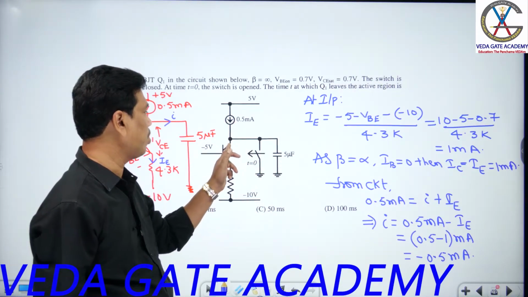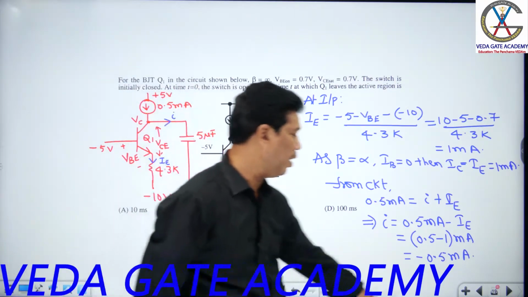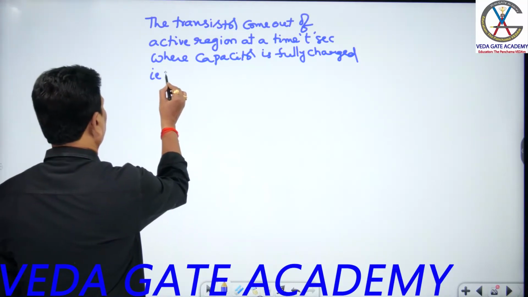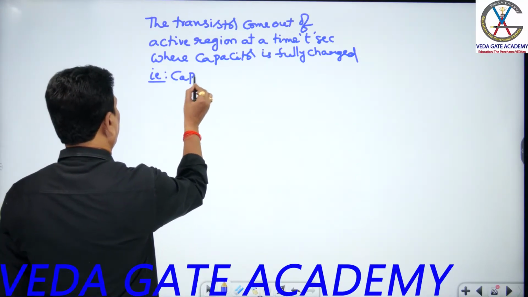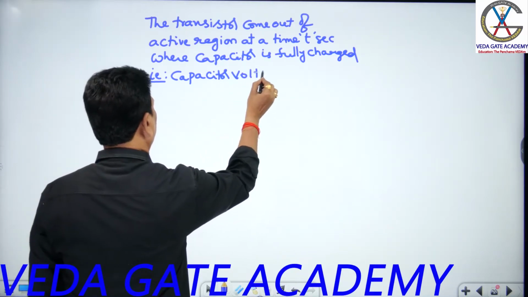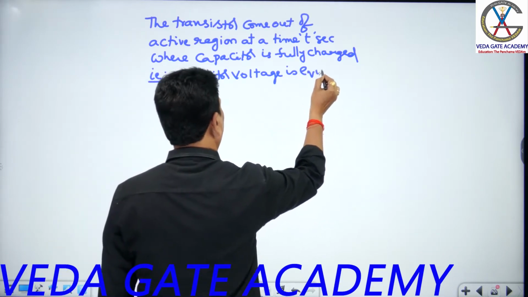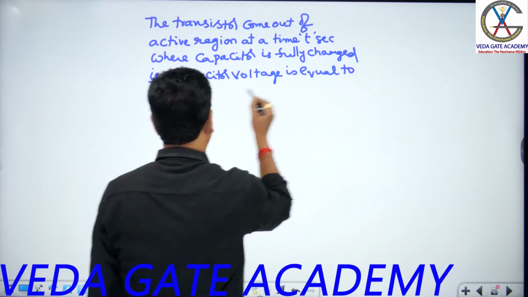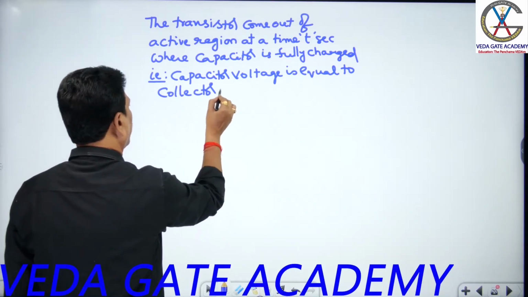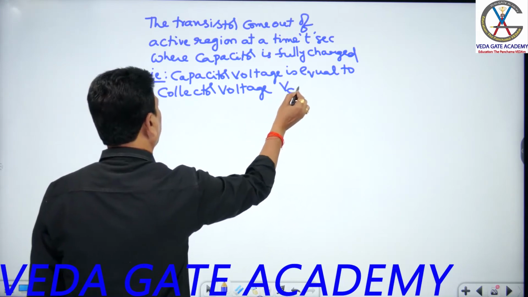The capacitor is fully charged when the capacitor voltage equals the supply voltage here, that is, the collector voltage VC, students. Got it now?